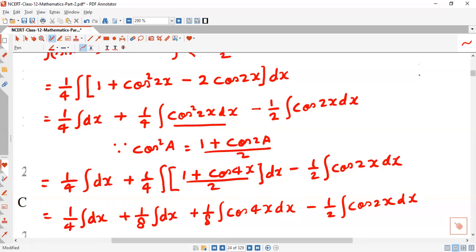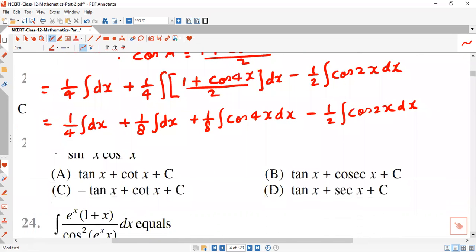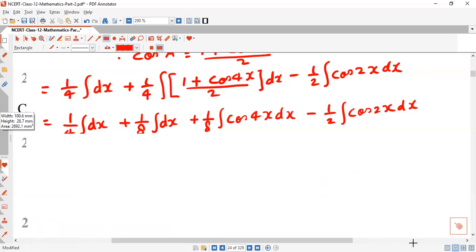Now, combining the first two terms because they are the same terms, 1 by 4 plus 1 by 8. Later on we can add them out.